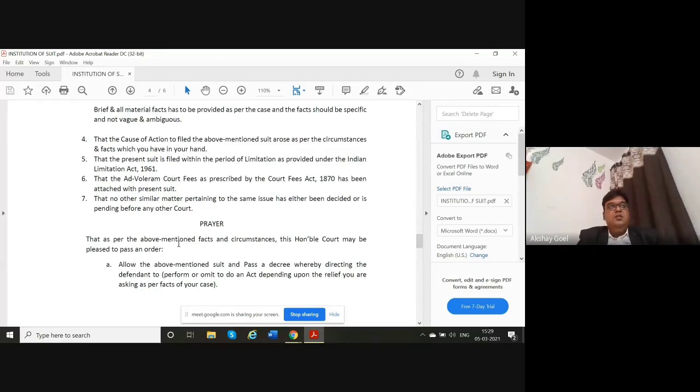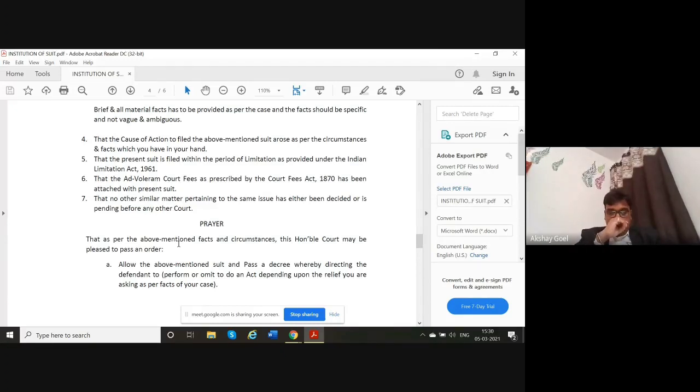You need to see what exactly the demand is, and you need to mention that as per the above mentioned facts and circumstances, this honorable court may be pleased to pass an order and allow the above mentioned suit and pass a decree directing the defendant either to perform a particular action, or not to perform, or omit to do a particular thing, or to injunct him from particular actions, or to declare that this particular property or this particular thing belongs to the plaintiff, or to divide the particular property into the shares of the legal heirs.